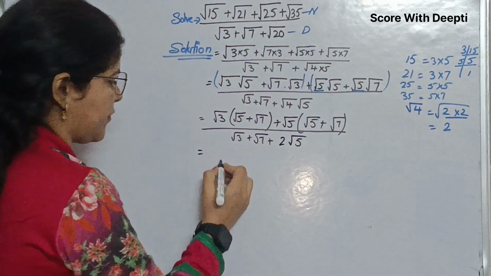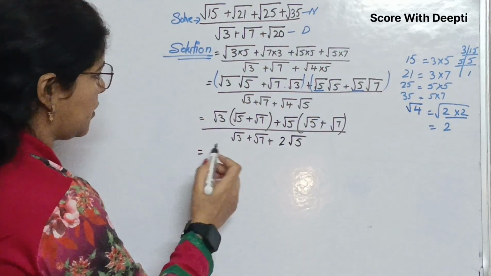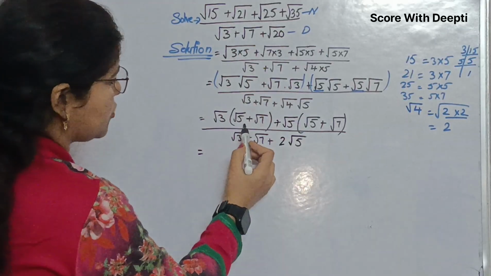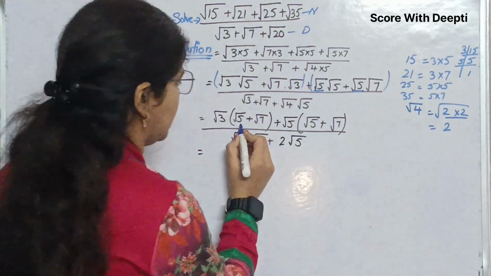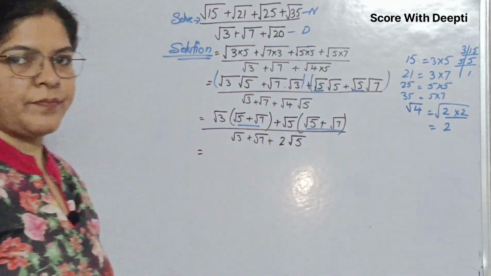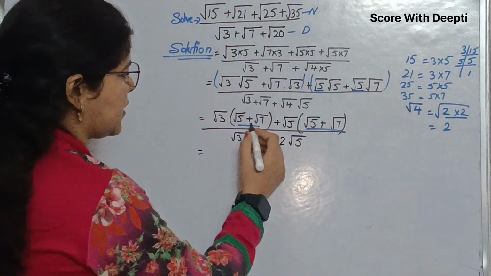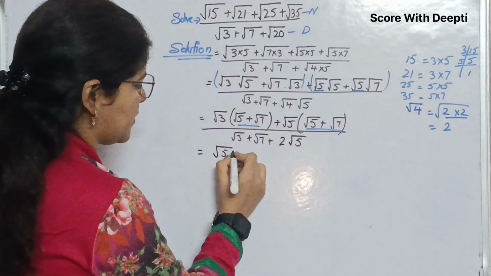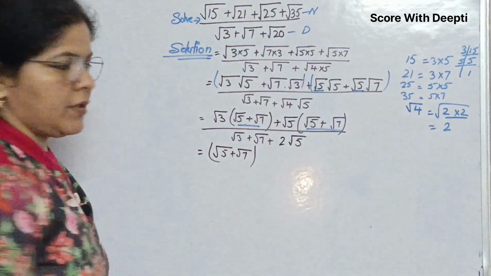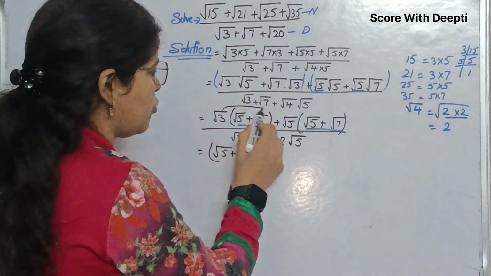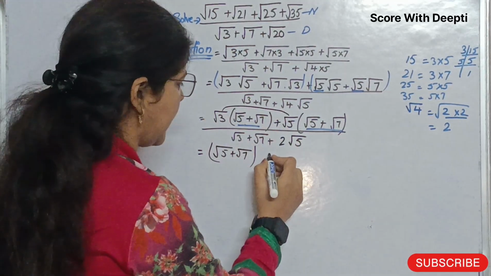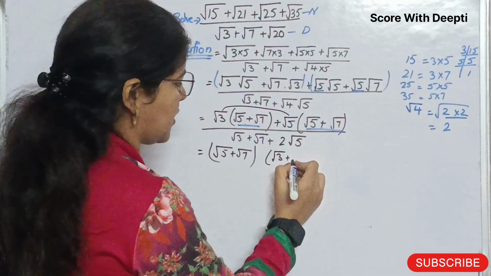Our next step: these two terms are the same. Now first we write square root 5 plus square root 7 into, now we take these two terms in a bracket, and here we write square root 3 plus square root 5.